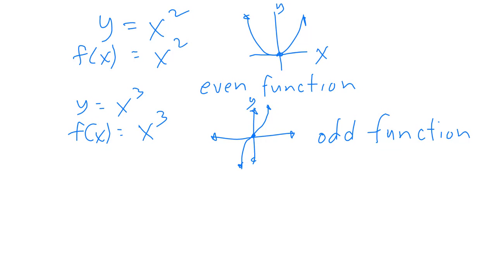So now, if I have a function that is, let's say, x squared plus 1, and this is similar to saying f of x is equal to x squared plus 1, then the parabola is moved up 1 unit.